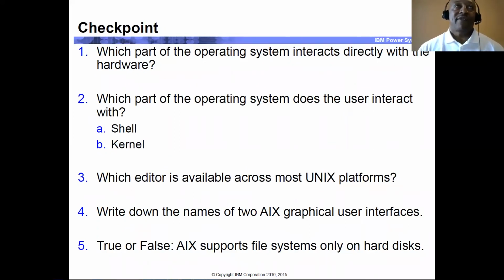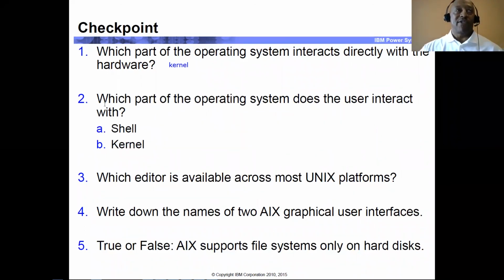Question number one, which part of the operating system interacts directly with the hardware, the software, and virtual and logical devices? The kernel, the heart of the OS.